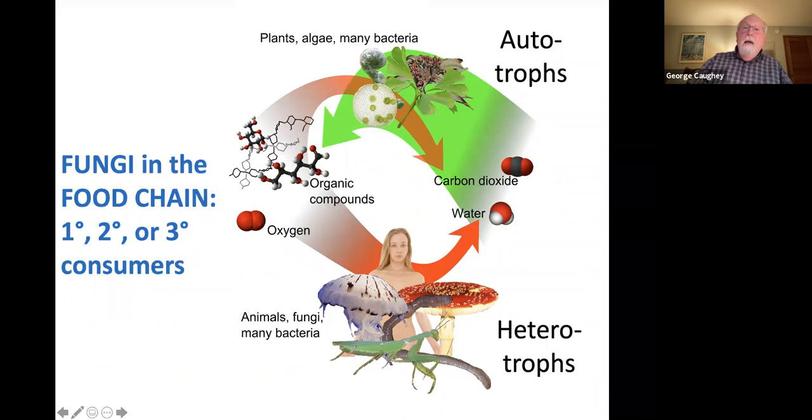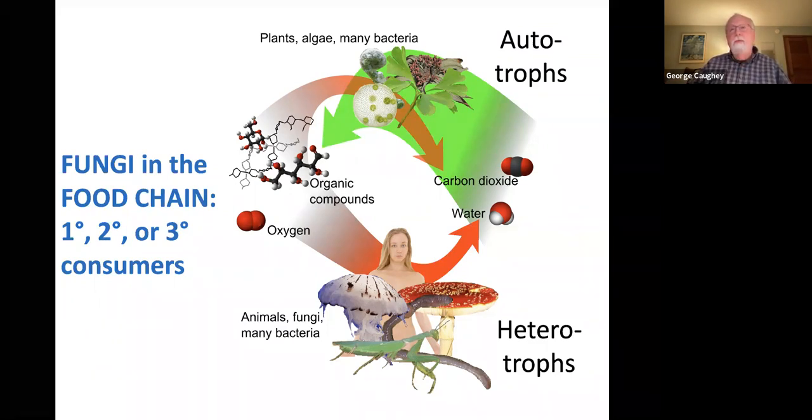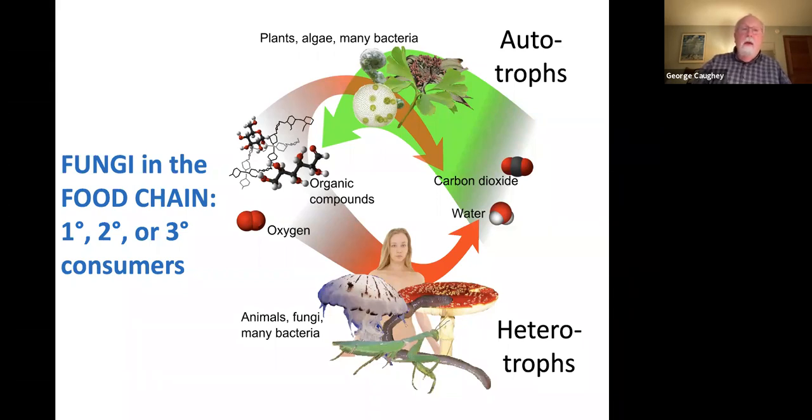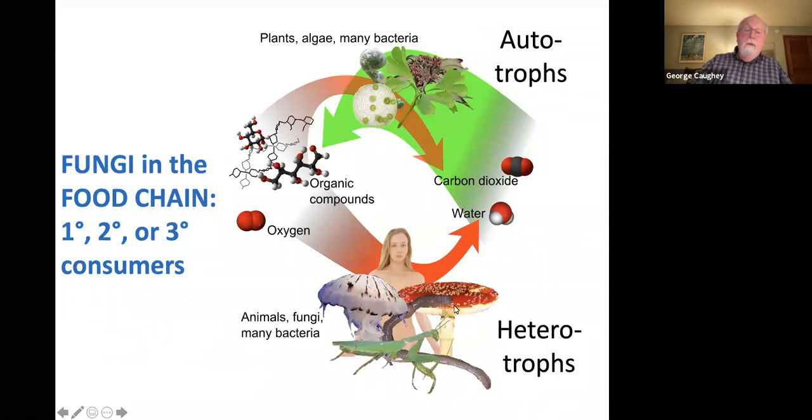Fungi, unlike plants, which are called autotrophs, which make their own complex carbohydrates using the energy of the sun and starting with carbon dioxide. We all know this, but they make carbs. And fungi can't make their own carbs generally, not for food, not complex carbs. And neither can we.